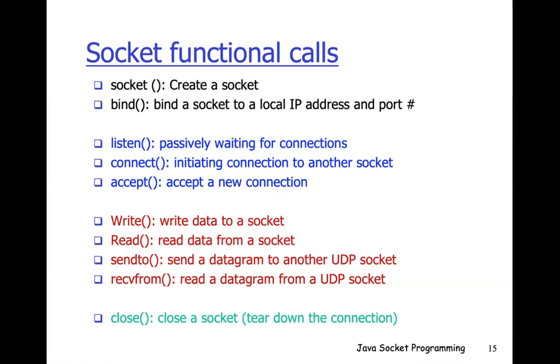If you don't bind it for the server socket, the Java socket will do it by default. You don't need to worry too much. There's no need to explicitly show bind, so this one you don't need for Java.